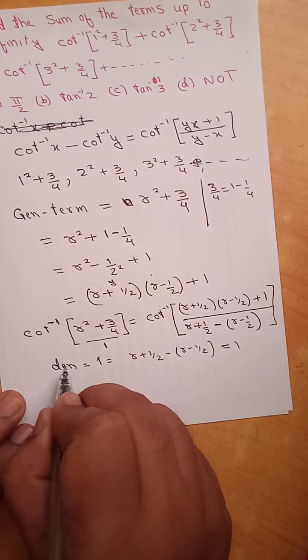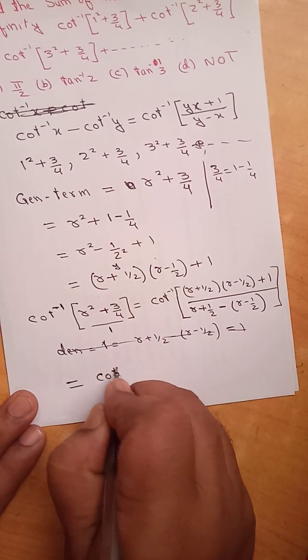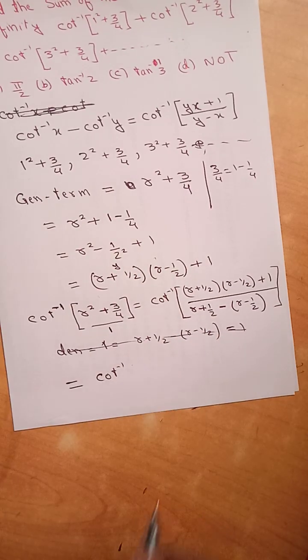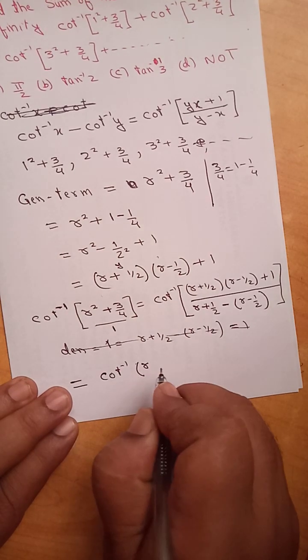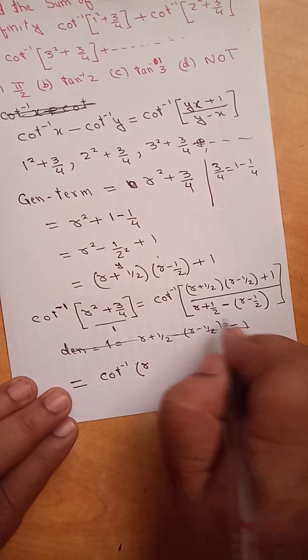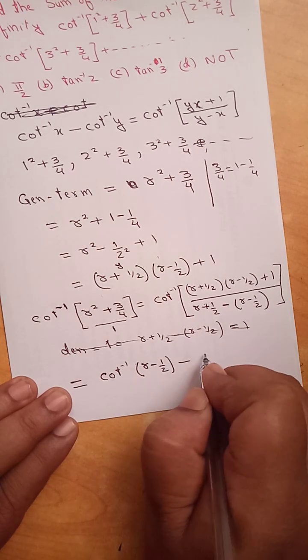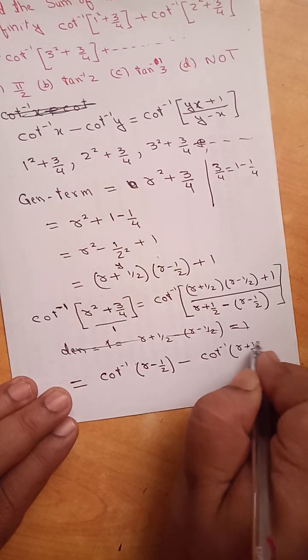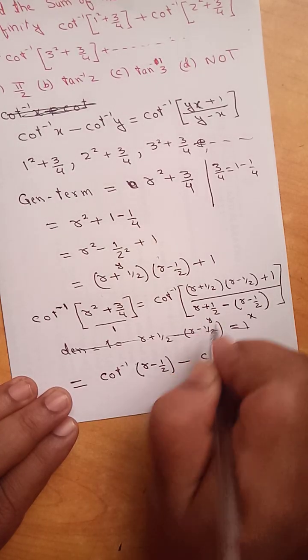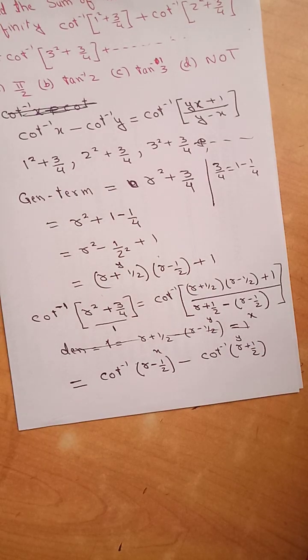This is equal to cot inverse of (r minus 1 by 2) minus cot inverse of (r plus 1 by 2). This is x, this is y. I will continue on the next page.